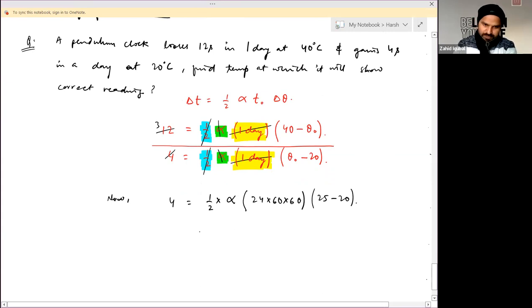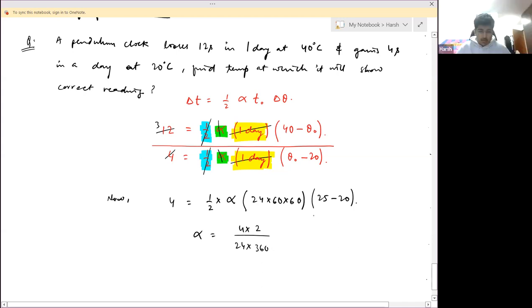So on solving, alpha equals 4 into 2 divided by 24 into 60 into 60 into 5.